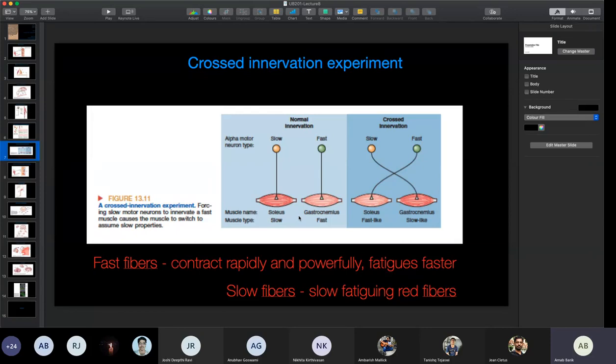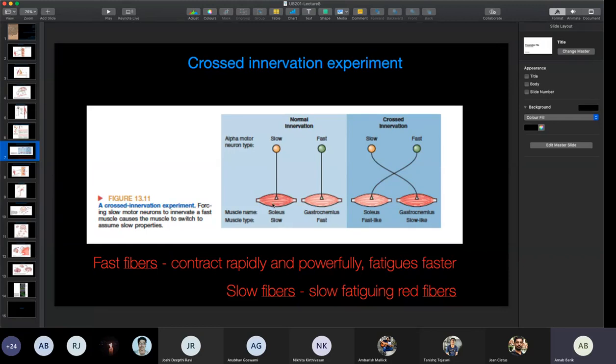One hypothesis is that it is made this way during birth, depending on the muscle, so it becomes a slow muscle fiber and the slow motor neuron will innervate it, or a fast muscle fiber and the fast motor neuron will innervate it. But the other, more interesting hypothesis is that the nervous system, where it's innervating, is determining the properties of the muscles, deciding, okay, you become slow or you become fast.